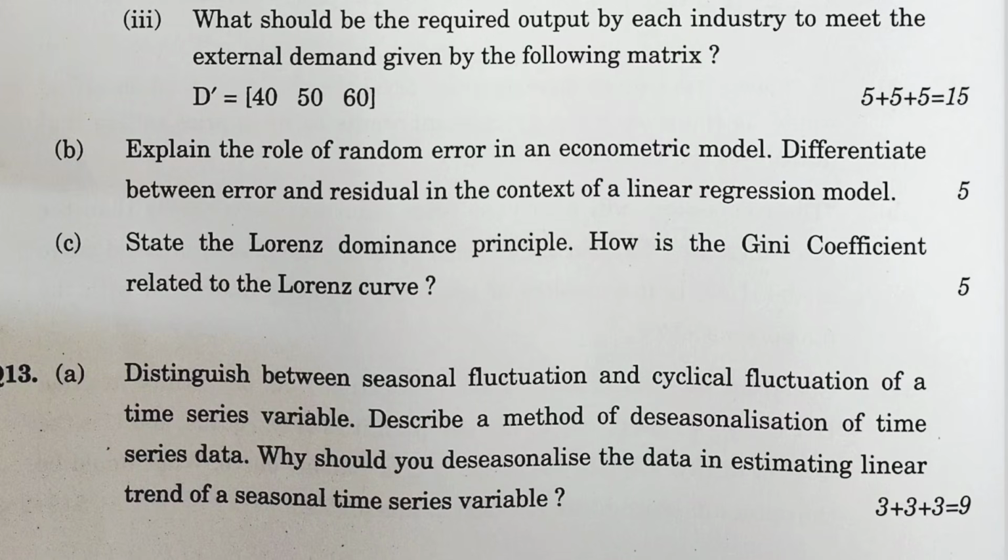The next question is explain the role of random error in econometric model, differentiate between error and residual in context of linear regression model. Then the question is related to the Lorenz dominance principle, that is state the Lorenz dominance principle.